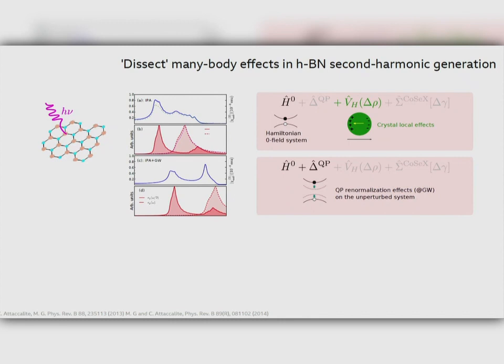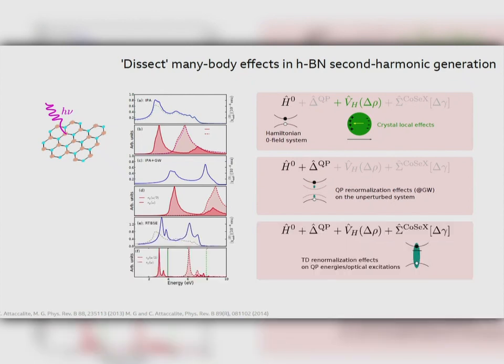Then we can add this shift, which is trivial in the linear optical regime, but strongly renormalizes the spectra in the second harmonic intensity. And finally, this is the whole Hamiltonian, including excitonic effects, and we see these sharp excitonic resonances both at two and one photon, distinctly different from the independent-particle spectra.